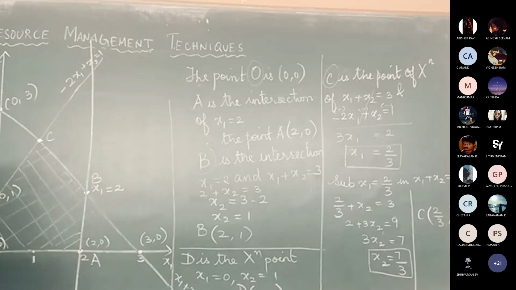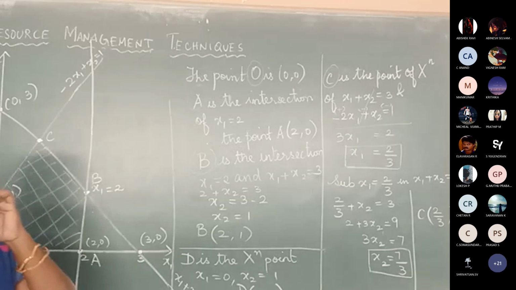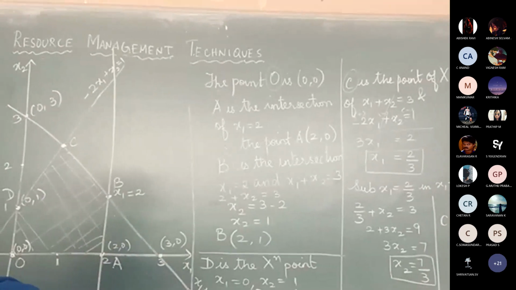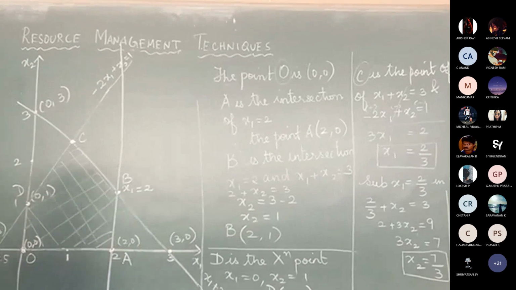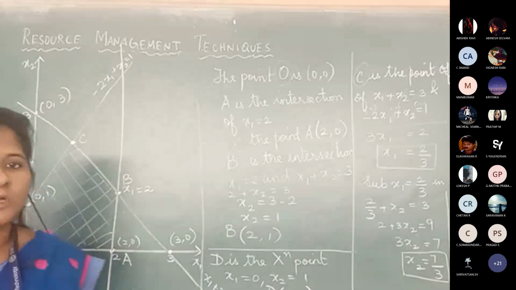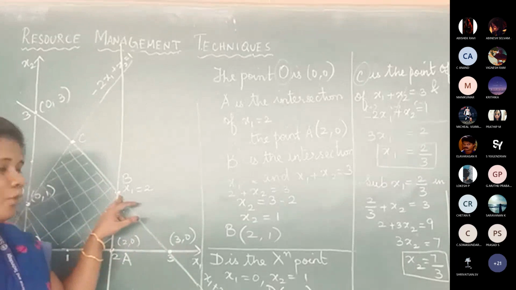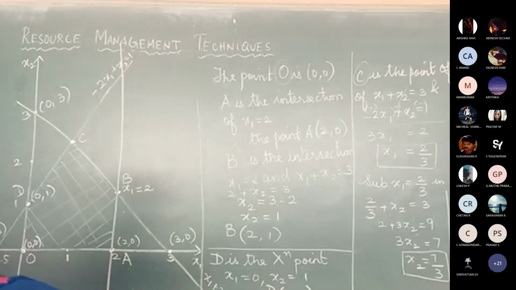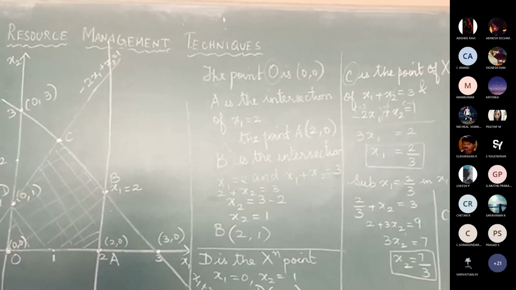Okay, wow. Have you all finished drawing the diagram? Any doubts you've got? How are you finding out your intersection point? Tell me.